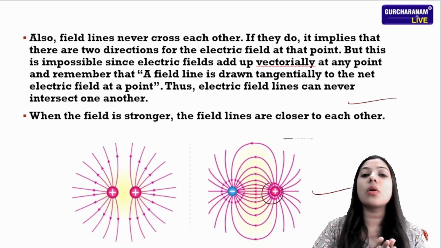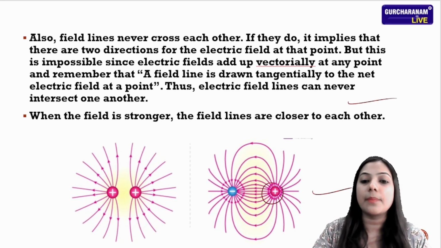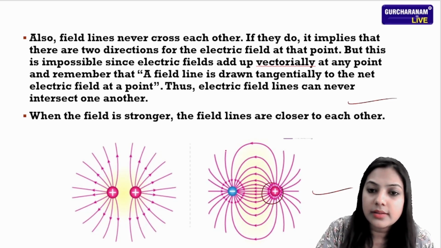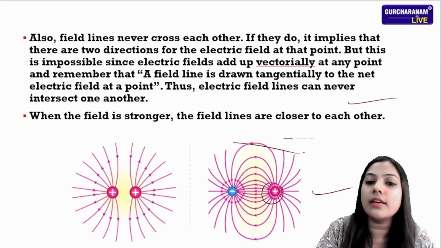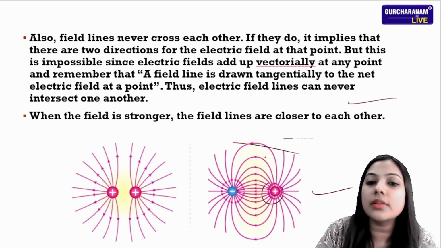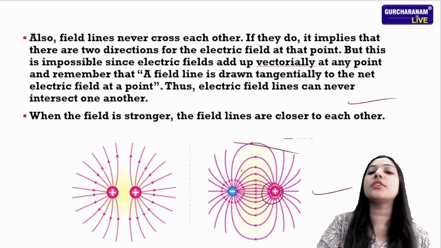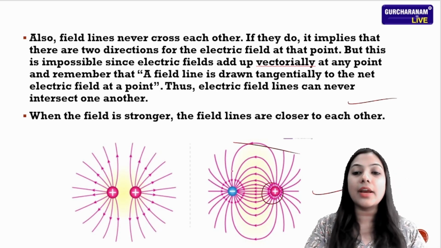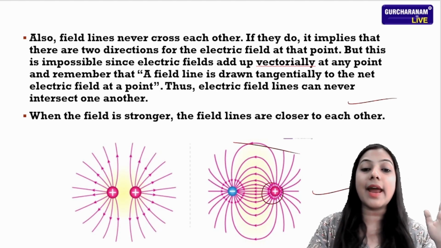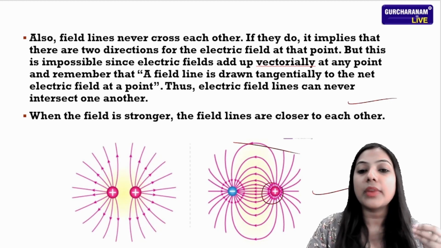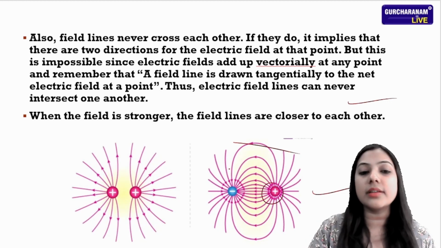We can draw a tangent like this to the electric line of force, giving the net electric field at a point. Thus, electric field lines never intersect each other.